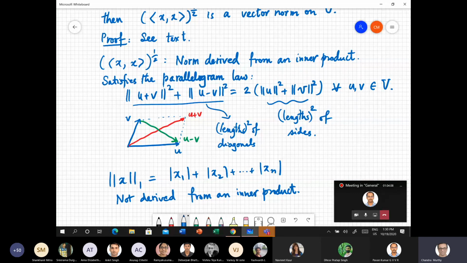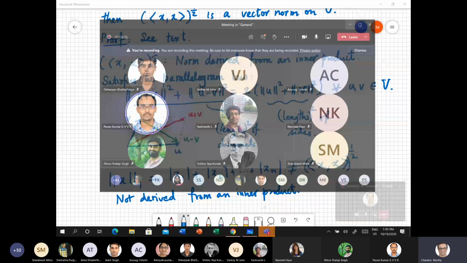So it satisfies all the properties of a norm, but you cannot write this under some definition of an inner product. I cannot write it like this. So there are norms which are not derived from inner products, and there are norms that are derived from inner products.